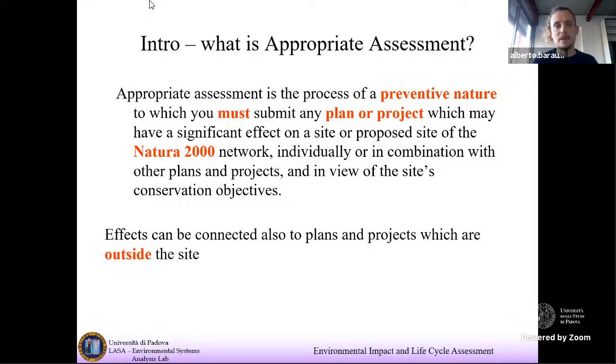The first thing you have to realize is that effects, which may have a significant effect, as it's written up there, on the Natura 2000 network can be connected also to plans or projects which are outside the Natura 2000 site.